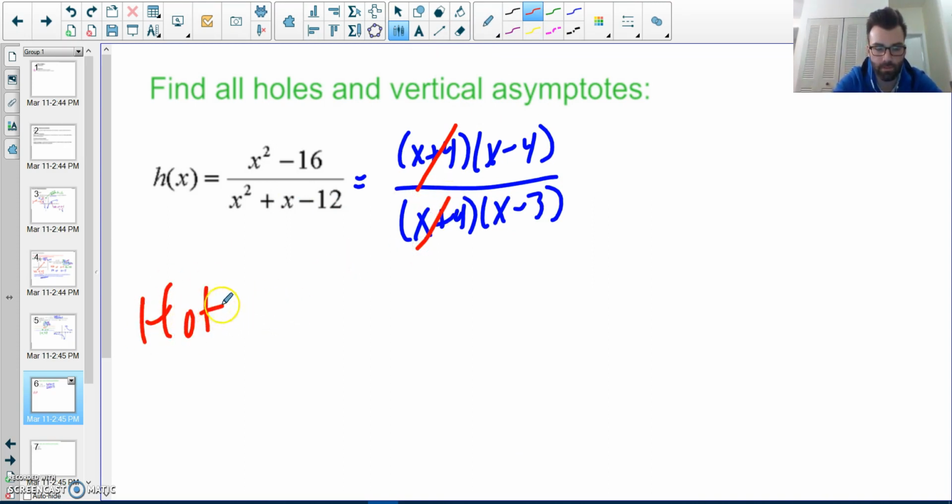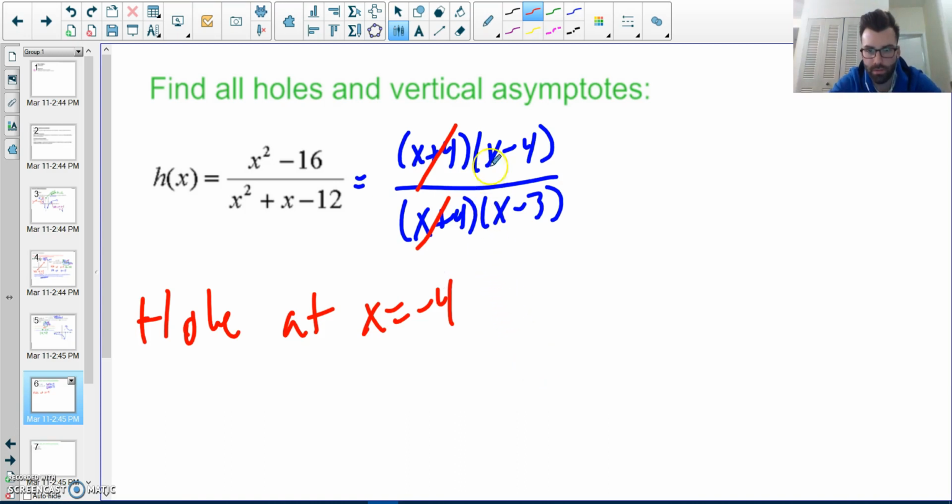Hole at x equals negative 4. Y value: negative 4 minus 4 is going to be negative 8, over negative 4 minus 3, which is negative 7. So 8 over 7. Two negatives make it a positive.